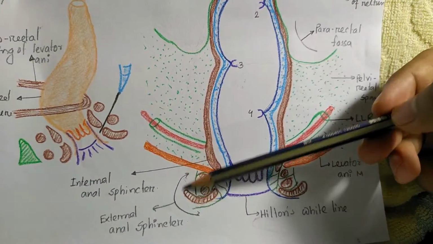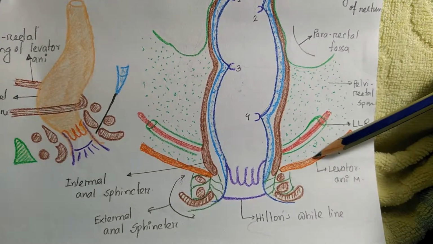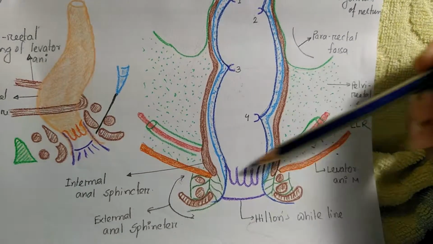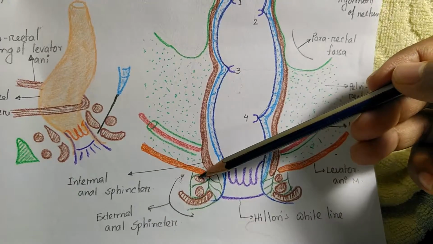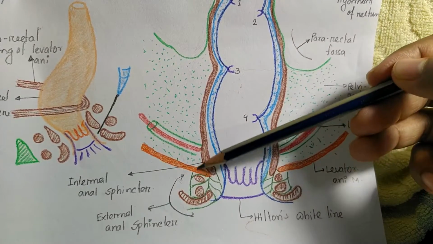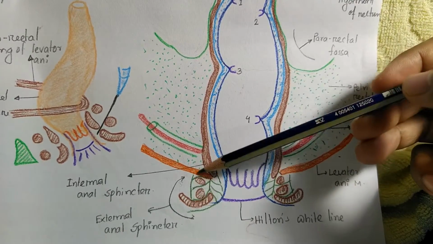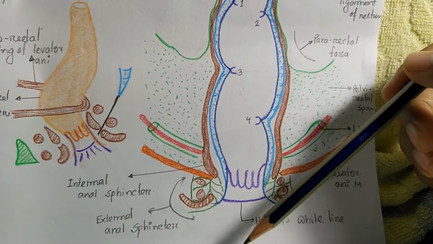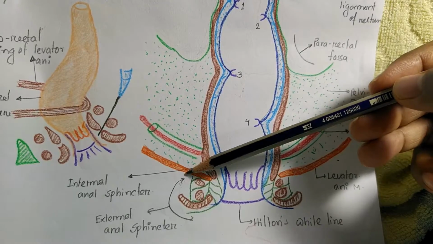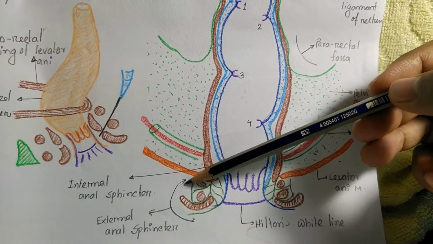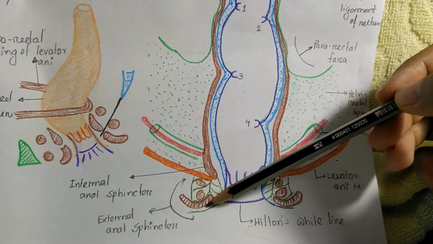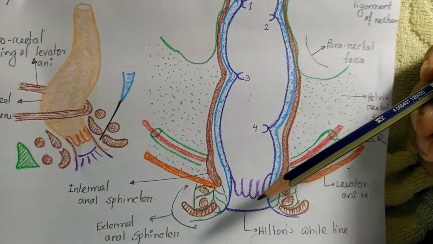And the outer levator ani muscles, here you can see, has an important 3 divisions. It will divide into 3 parts. One is the deep part, the middle one is the superficial part, and the superior one is called the subcutaneous part.